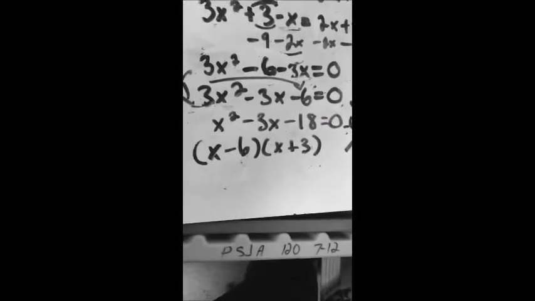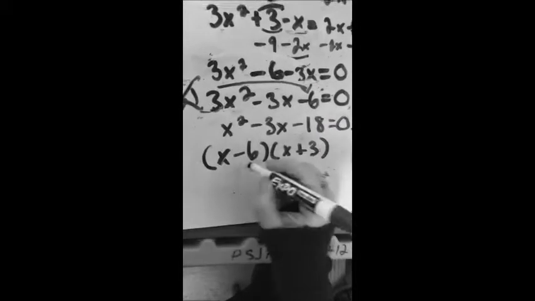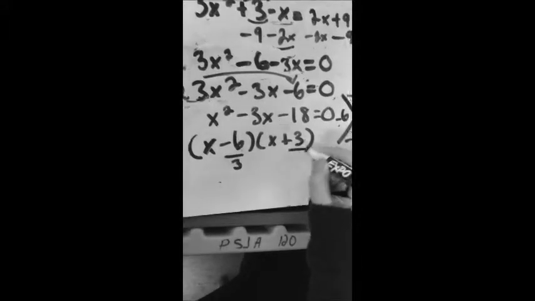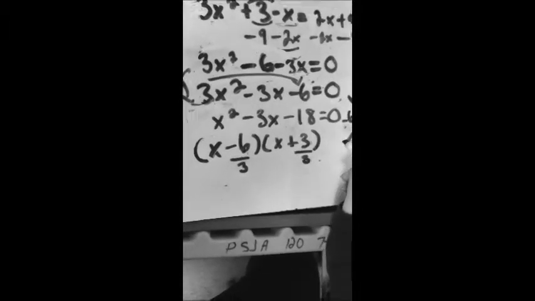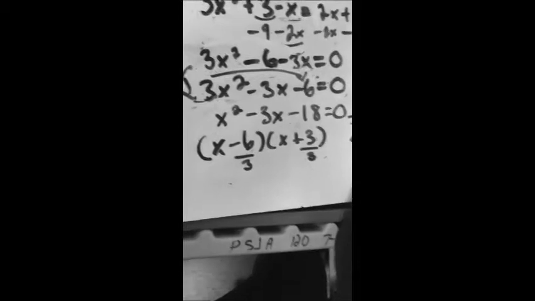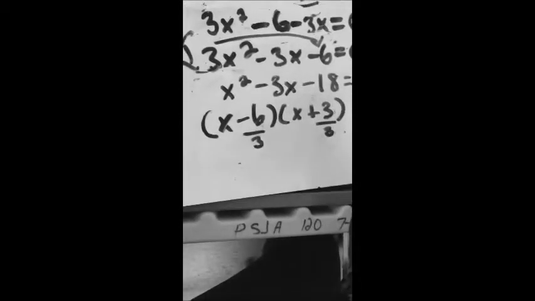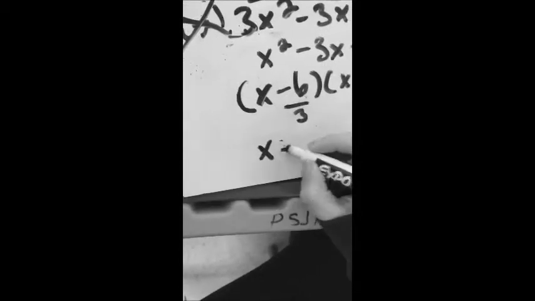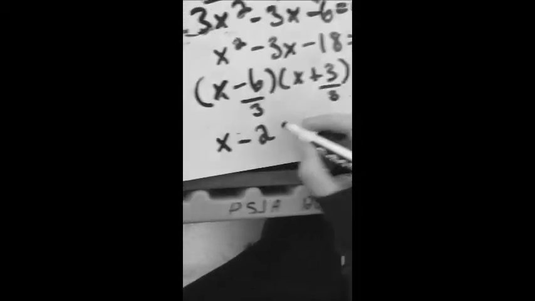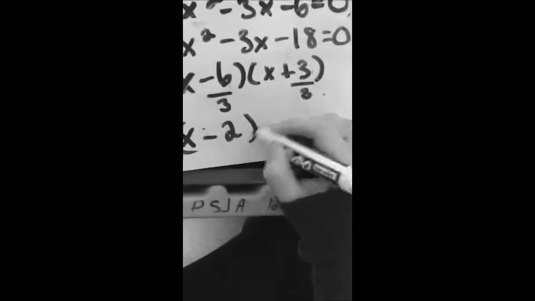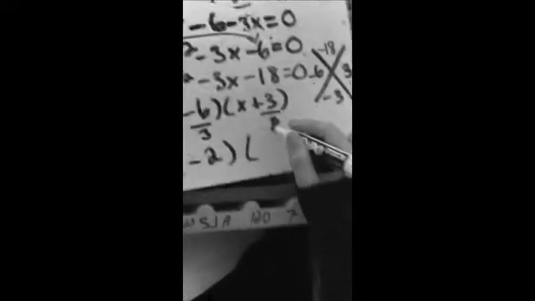After finding the two multiples, we have to divide them by 3, since in the beginning we multiplied 3 times negative 6. So the first one will give us x minus 2 and x plus 1.